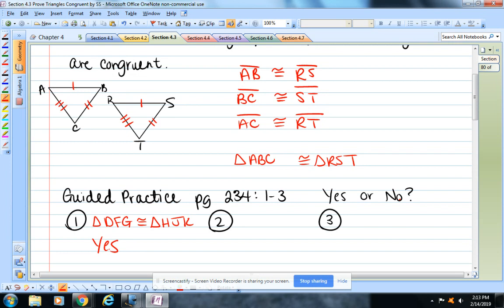They got to make sure that the letters match up so that corresponding sides match the corresponding sides in the picture. The names matter. You can't just throw 3 letters up there in any order you want to. You have to write it to where this segment matches this segment, and this one matches this one.